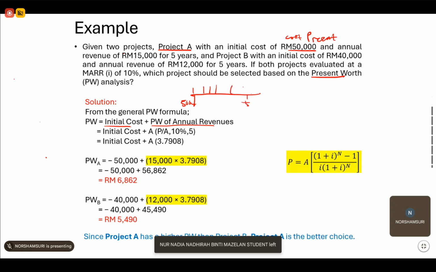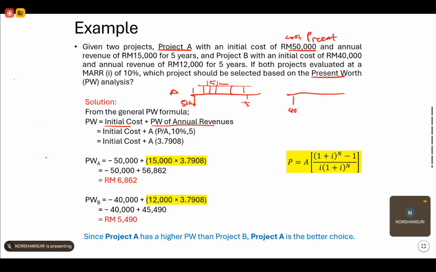That's project A. Then go to project B: 40K at year one, and then the revenue for 5 years is 12K. Don't forget to put I is 10% here. So then you have all these things, then you can easily calculate.